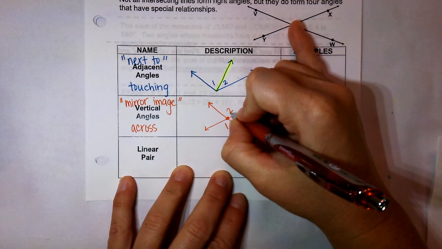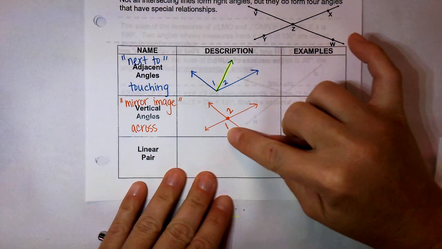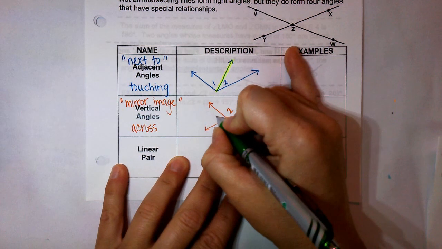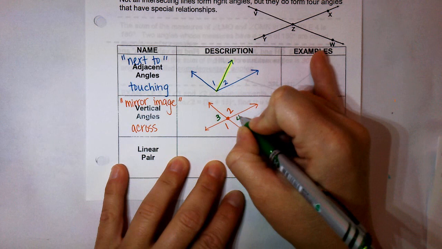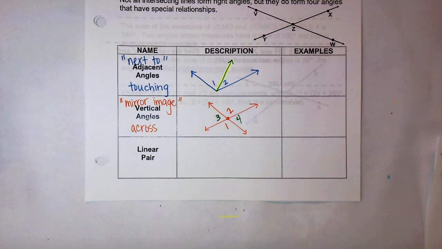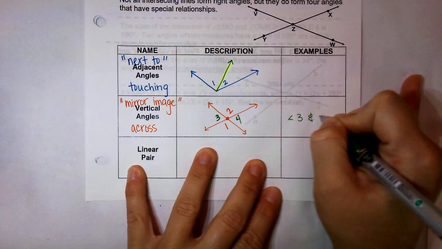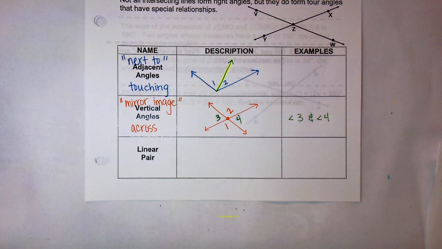So across, picture like you're throwing something across the vertex, directly across it. So angles 1 and 2, and then I'm going to put an angle 3 on the left and angle 4 on the right. Those are vertical as well. And I'll even write them for you. So angle 3 and angle 4 are in green, and then angle 1 and angle 2.